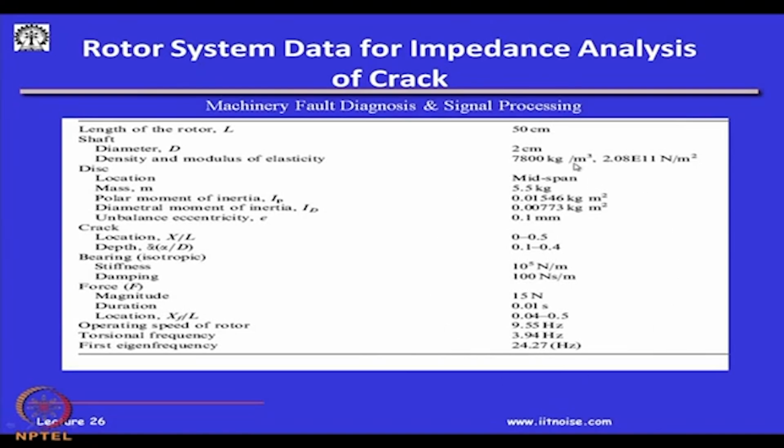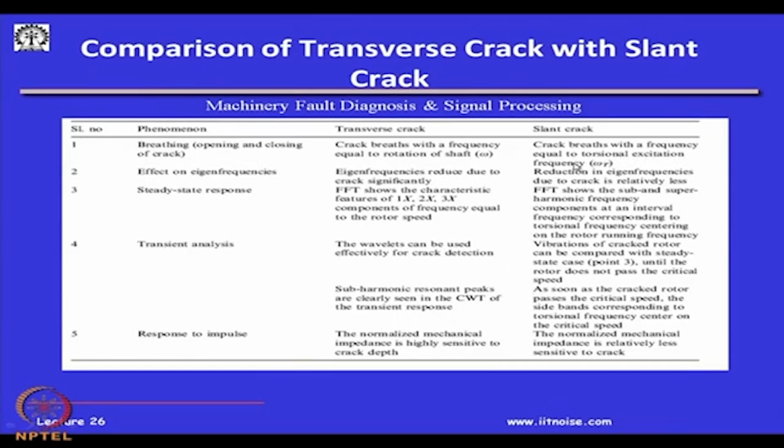With this kind of simulation, we did the analysis, and this last table gives an indication of the comparison of the transverse crack with the slant crack. When there is a breathing, opening and closing of the crack, cracks breathe with a frequency equal to the rotation of shaft speed in the transverse crack, and in the case of a slant crack, they breathe with a frequency equal to the torsional frequency.